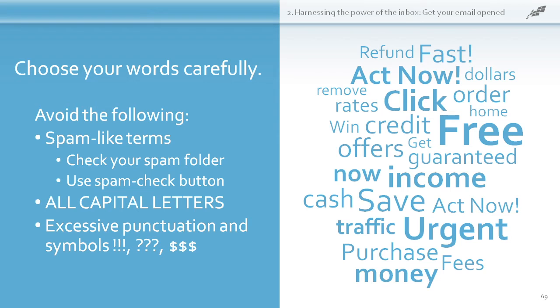But at the time, spam filters were very basic, very elementary, and that was true. But today, spam filters are much more sophisticated and really know whether an email is spammy or not. So you can still have the word urgent or free in your subject line, and it will not end up in spam.